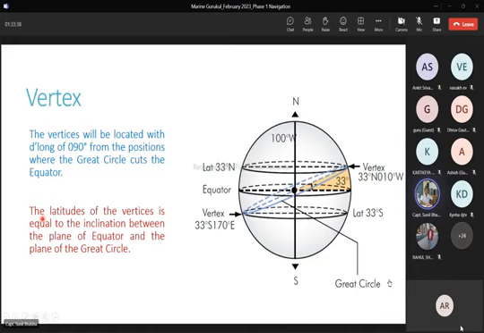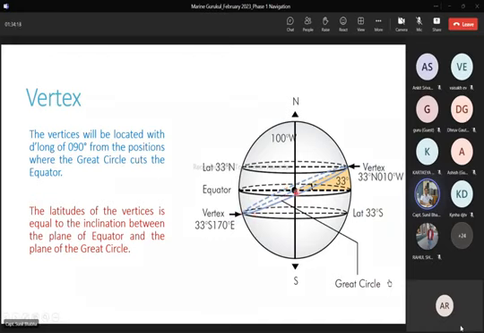The second property we have: the latitude of the vertex is equal to the inclination between the plane of the equator and the plane of the great circle. Let's understand it from the diagram. We can see the equator here. The black circle shown by the laser pointer now is the equator. We can also visualize the plane of the equator, and we can also see the great circle. The great circle is represented by the blue track.